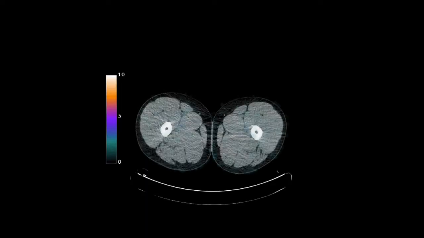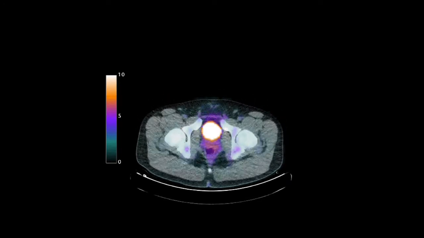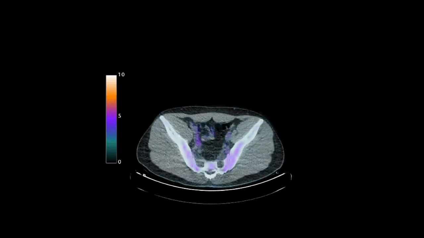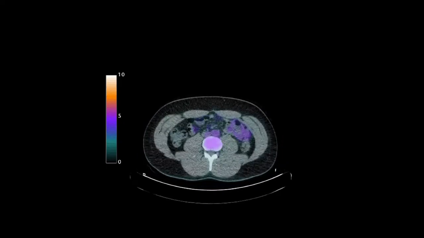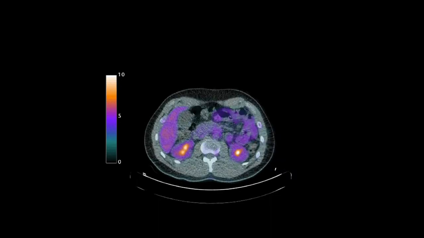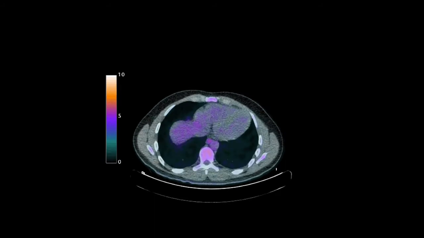CRP was still stuck, his fevers continued, and we performed an FDG PET scan. Again, whole body imaging starting in the pelvis. Here now into the abdomen. Into the chest.